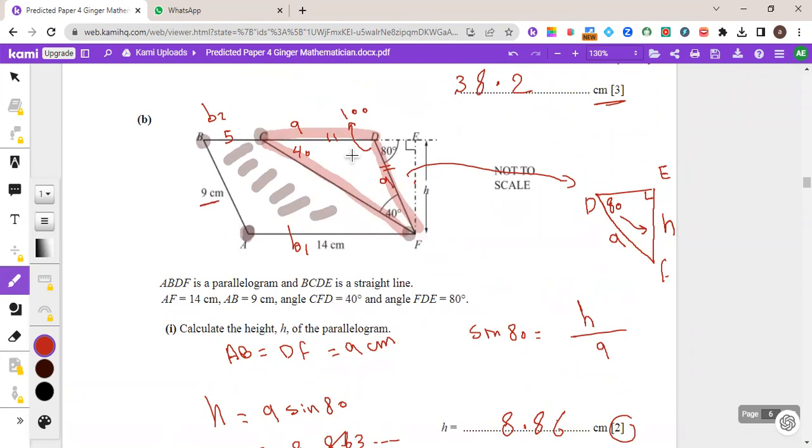If I know that FD is 9, then CD will also be 9, isosceles. So 14 minus 9 equals 5. I cannot use Pythagoras theorem because I don't have any right angles here.